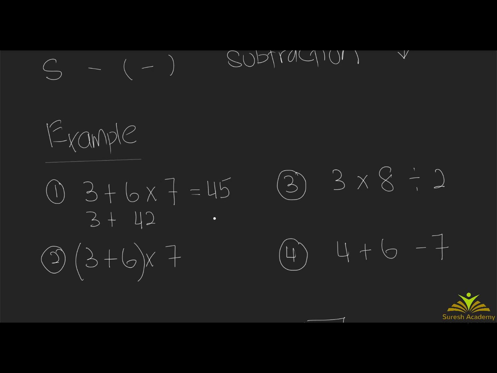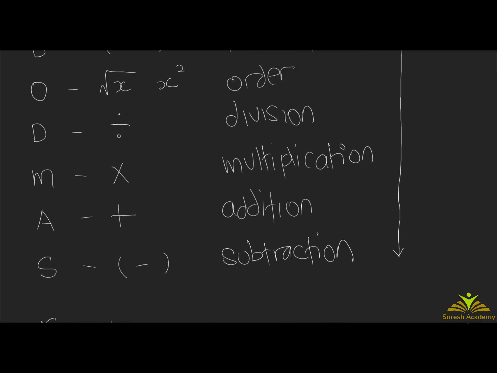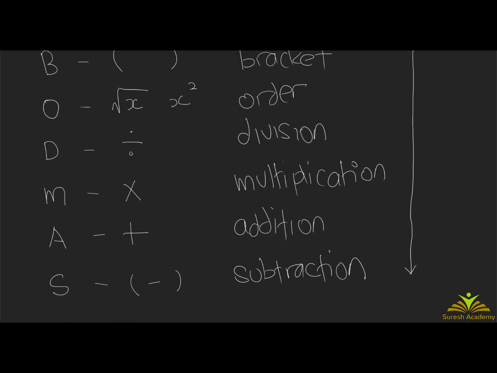Now, did you observe the way I solved this equation? I solved the multiplication part first. And then I took the product and added 3. Why did I do this? Because I am following the BODMAS order.